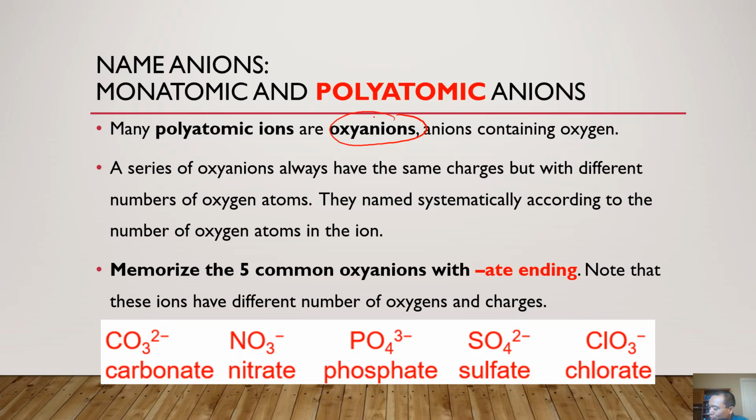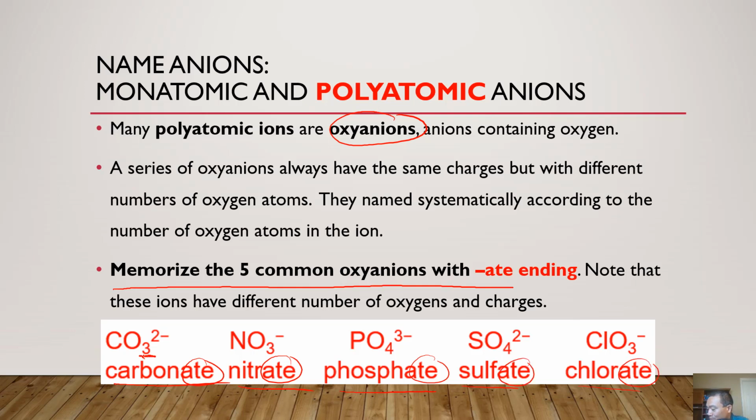So you first want to memorize the 5 common oxyanions that have ATE endings: carbonate, nitrate, phosphate, sulfate, and chlorate. All these anions have ATE ending. You have to memorize these 5.